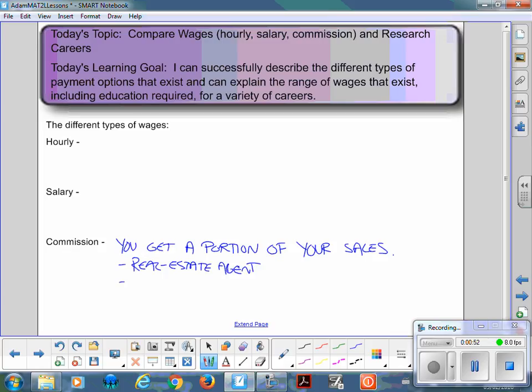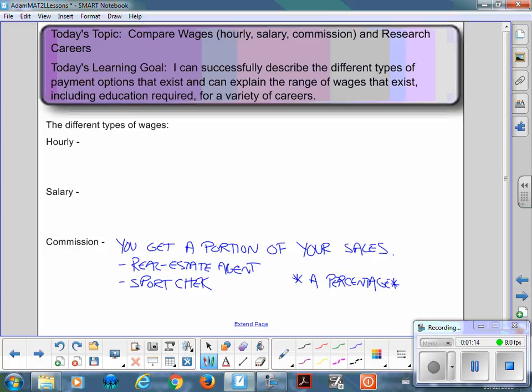Agent, Sport Chek. All right, so commission, you get a portion of the sales, and it's a percentage. So I'll just put that right here. I'm not going to go into much more detail with it because we talked about it in a separate lesson.